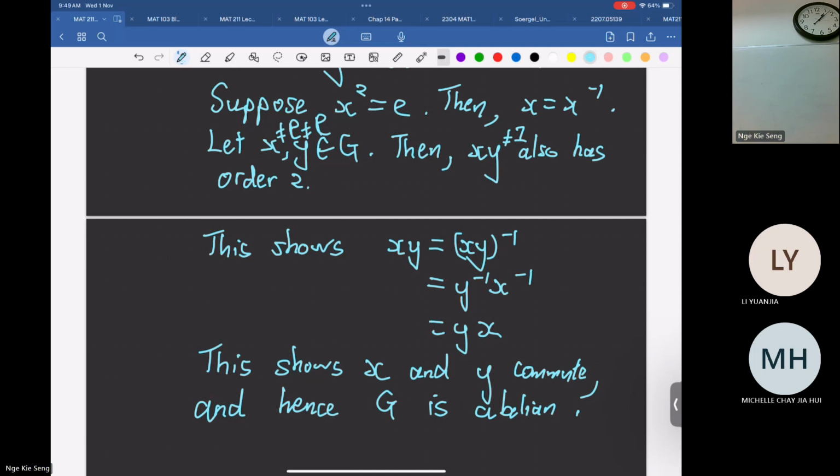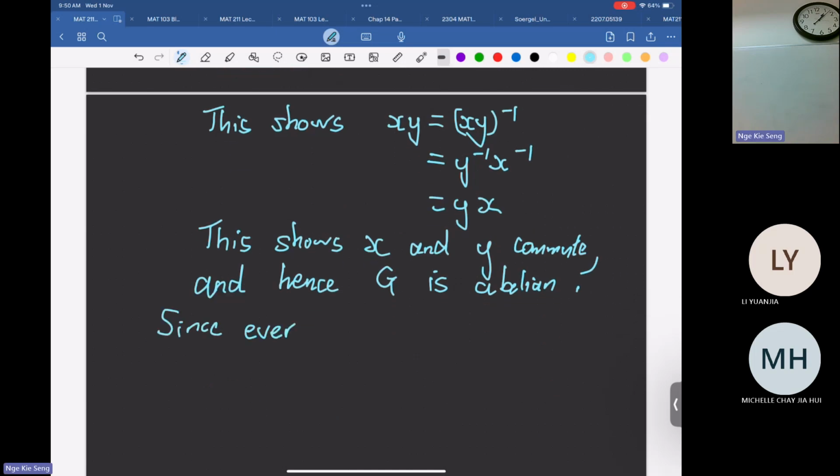So every subgroup in an abelian group is normal, because every element of the group is in the center.